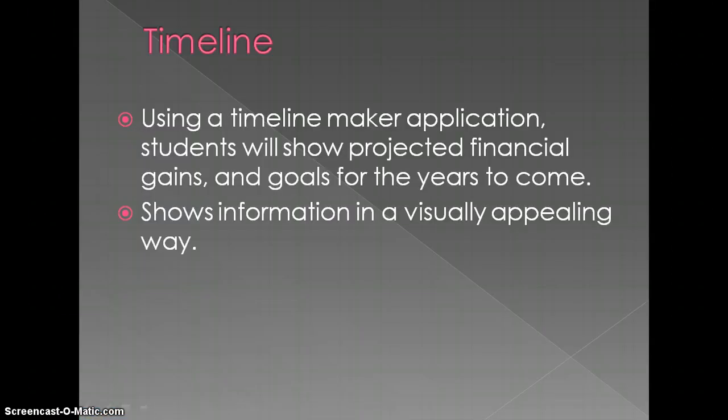Another thing the students have to include in this project is a timeline. The timeline has to show their projected financial gains and their goals for the years to come. They can use a timeline maker application to do this because then their information is shown in a very visually appealing way.